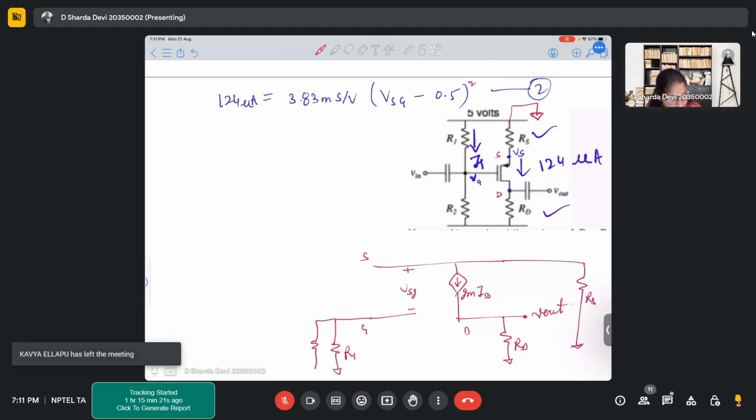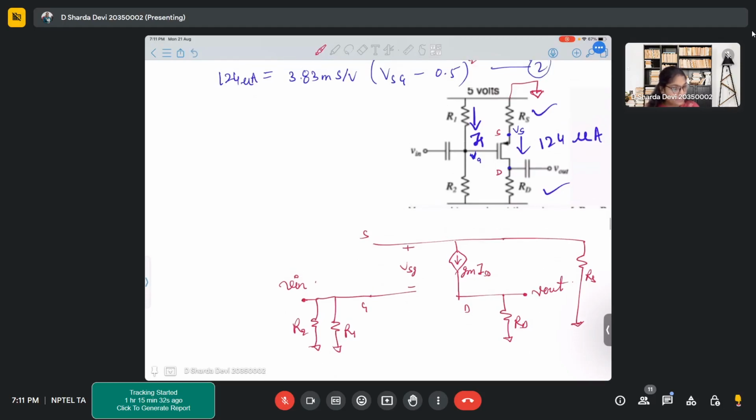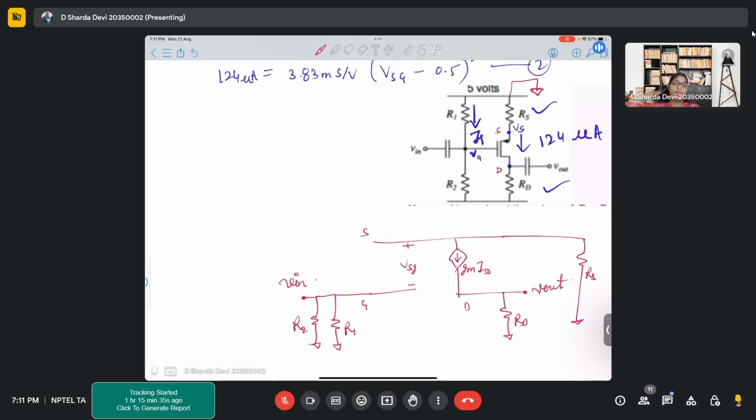R1 parallel R2, and from here we supply the input. Anything else left? Nothing, we have covered everything. Now, first of all, VSG. The gate, VG, is at Vin. Our Vout is at this point, and from here to ground is Vout.